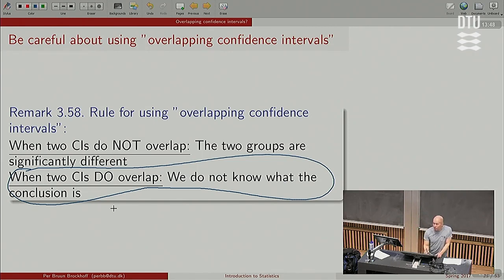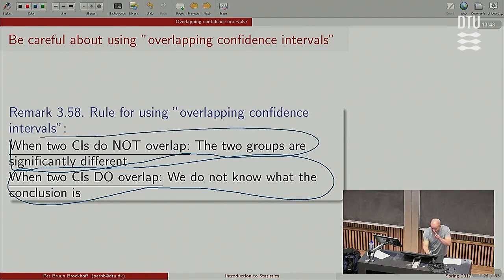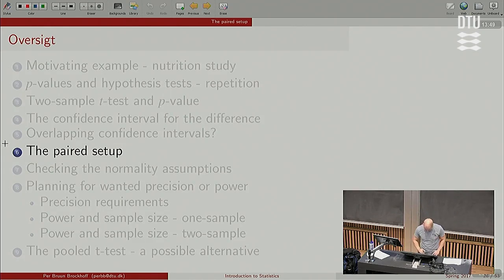Or just say we don't know. However, it's clear that if they do not overlap, if I have a clear distinction, then it's okay. Then you can say they're definitely different, because the arrow goes the other way, in a way. If they really don't overlap, they are definitely different. If they do overlap, you don't really know. That's the conclusion. And one more question before the break.